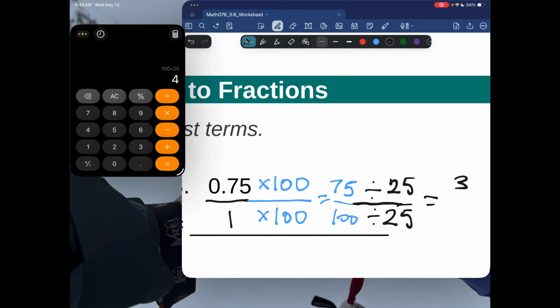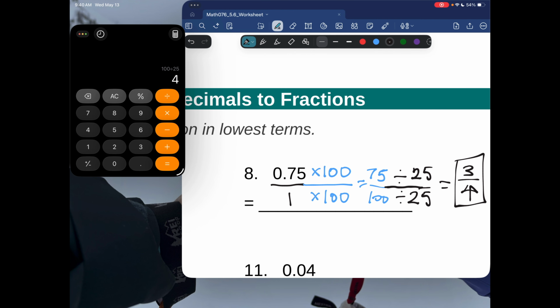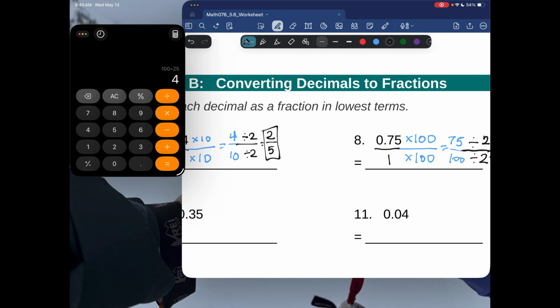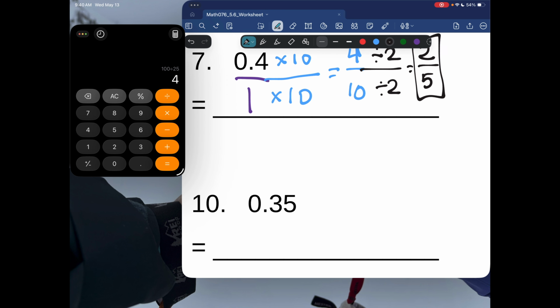So I've got 3/4. Easy peasy. We got this. The reduction, you guys are experts at. I've seen that. Now we just need to work on converting decimals to fractions, then reducing.